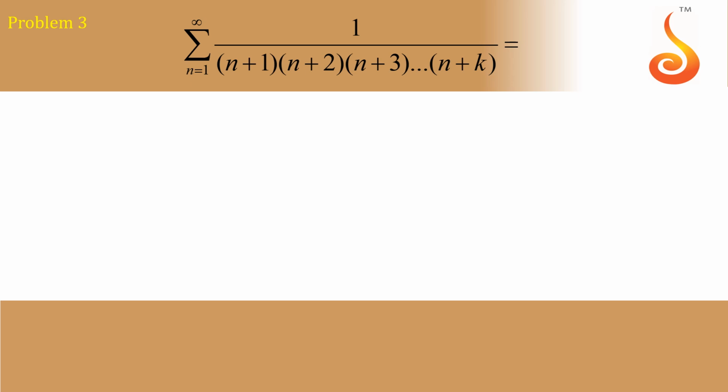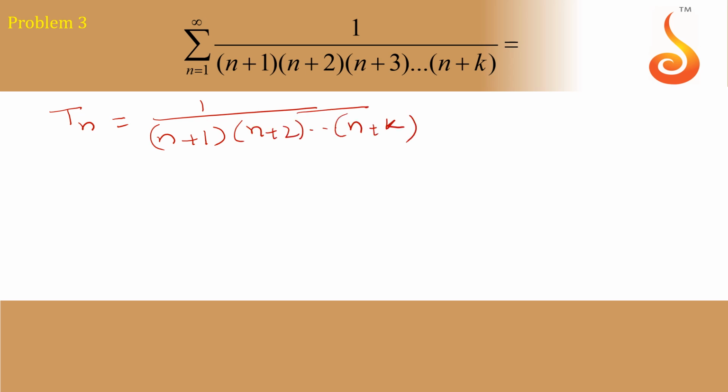This is a very important problem. While discussing the synopsis, if you remember, I told the Vn minus 1 procedure. Let us apply that procedure to this problem. Very important problem, listen concentratedly. Let us assume this 1 by n plus 1 into n plus 2 into so on, n plus k is Tn.